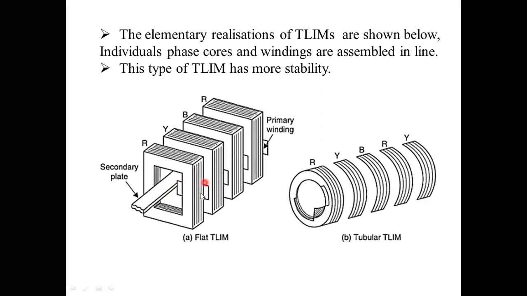Each of the three phases is given supply. Whenever supply is given, each individual successive core produces some flux. Therefore, a secondary current is also induced, because the secondary plate is running. Therefore, the secondary current induced by one core interacts less effectively with the flux of the other.